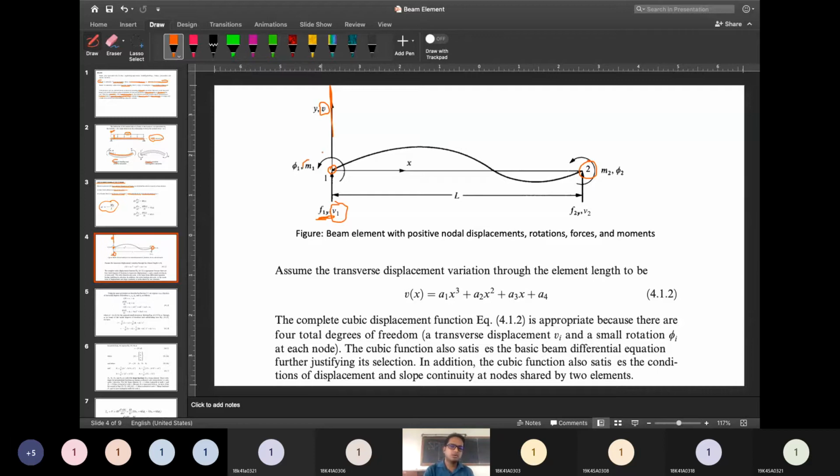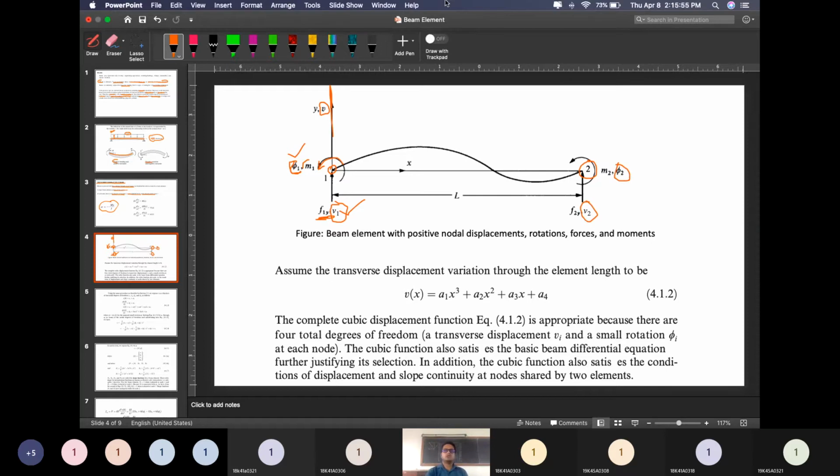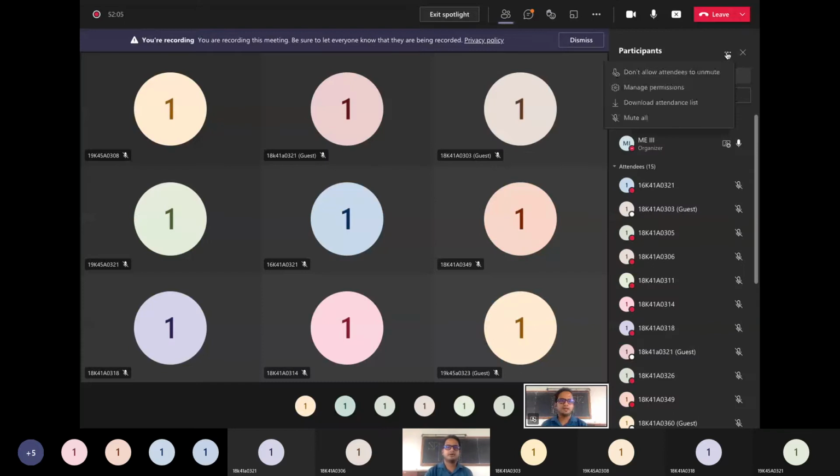Similarly, due to this moment applied here, there is some rotation, written as phi. So phi1 and v1 are at node number 1. Similarly, for node number 2, the degrees of freedom are v2 and phi2. So here also we have 4 degrees of freedom for the element.